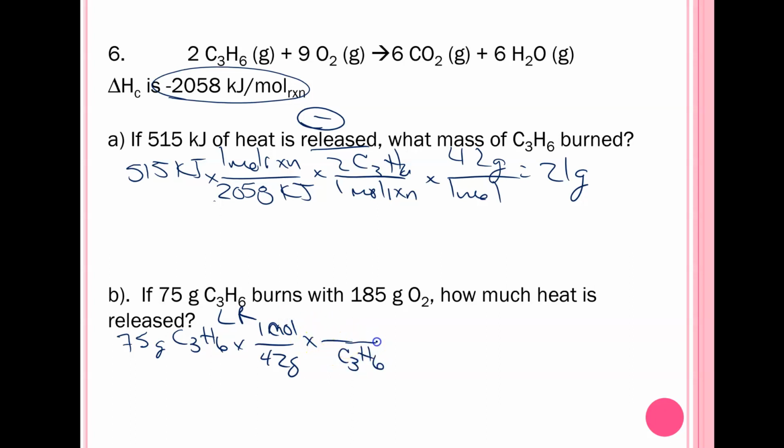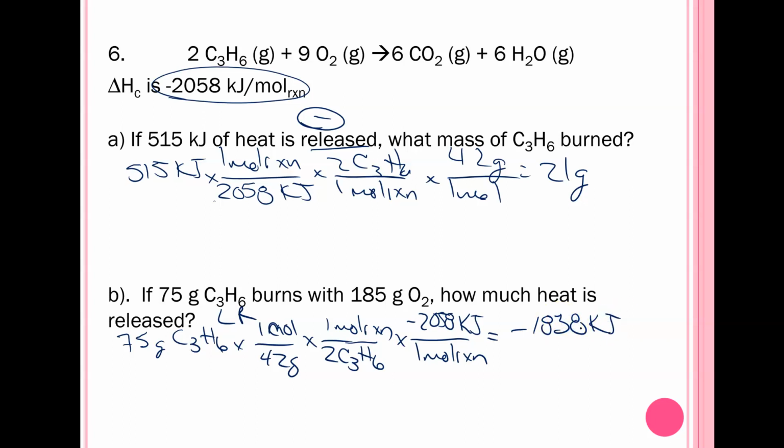And here's the thing. Because I want to minimize the amount of writing I'm doing and the amount of stoichiometry I'm going to do, I'm going to change it into moles of reaction, just like we did before. And I'm going to change it from 1 mole of reaction into how much enthalpy it's going to get. And I'm going to calculate how much heat that reaction would produce, negative 1838 kilojoules.